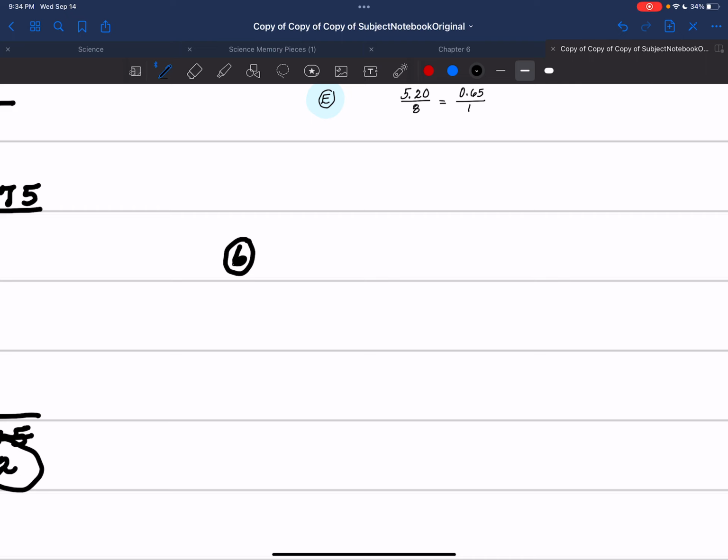What is the difference between the unit price of a tablet in the medium bottle and the unit price of a tablet in the larger bottle? So I'm going to have to subtract. The small bottle is not a part of this problem. That's called a distractor. And you have to learn to look for distractors.